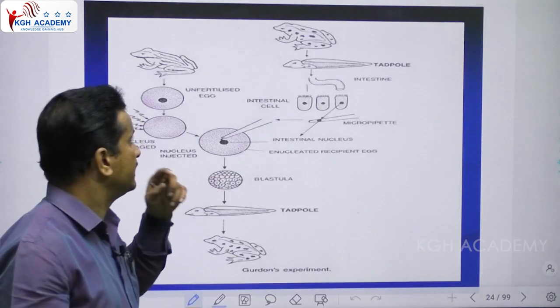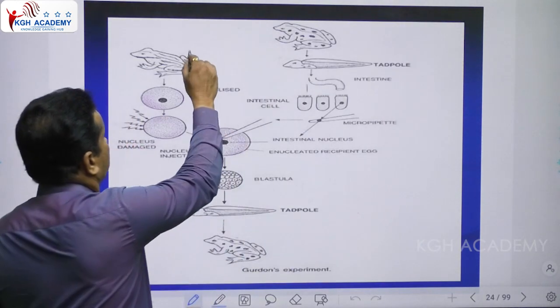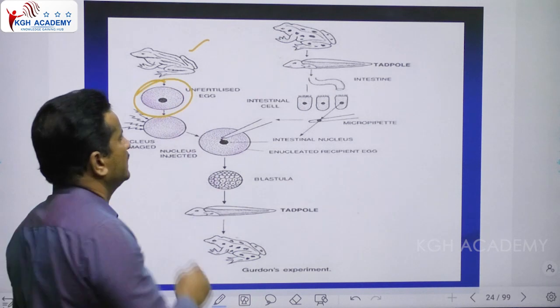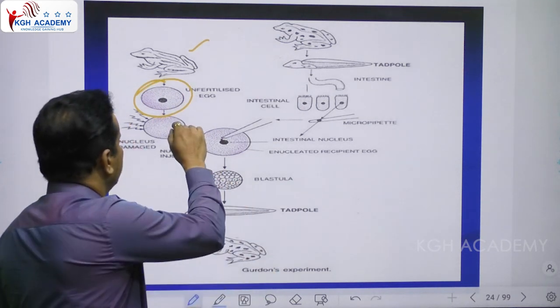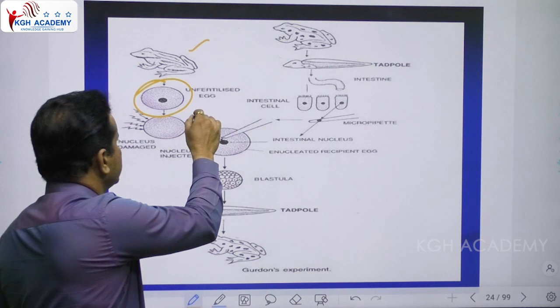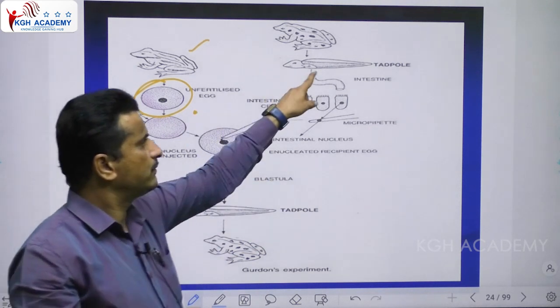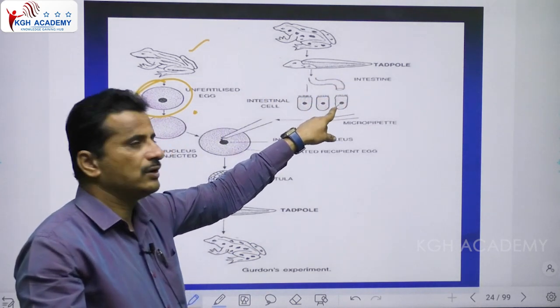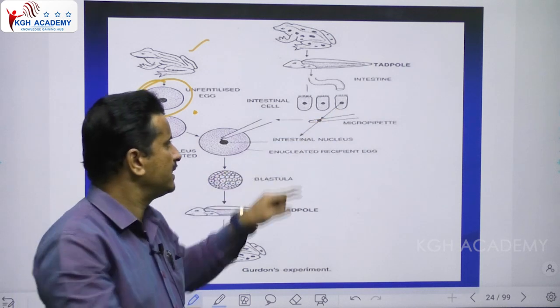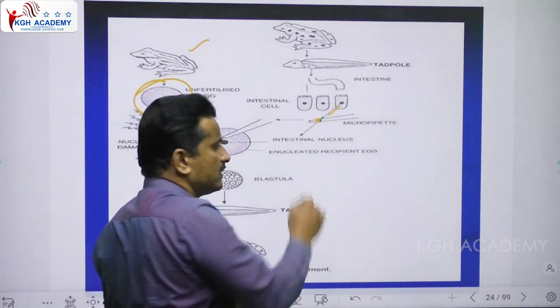And next, the same. This is a frog egg, an unfertilized egg. They remove the nucleus, and next they remove the nucleus from a frog body cell. See, this is a body cell nucleus.